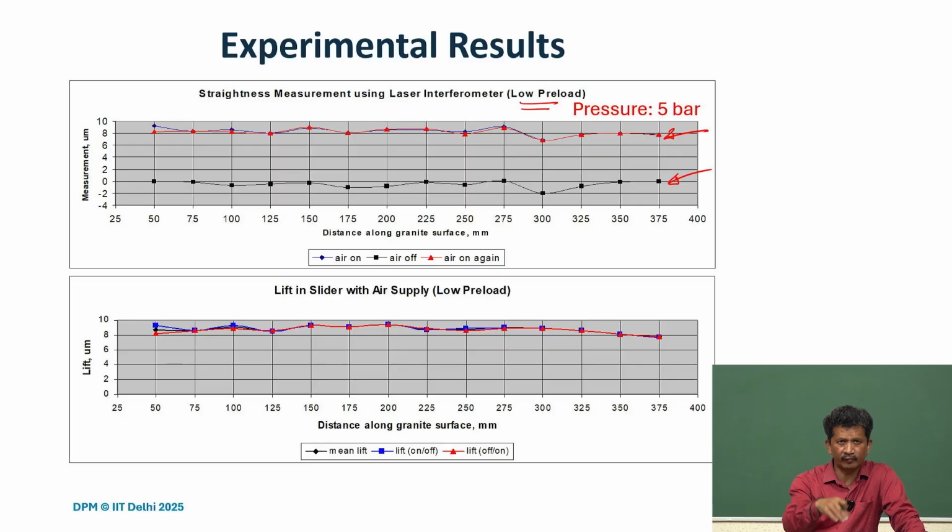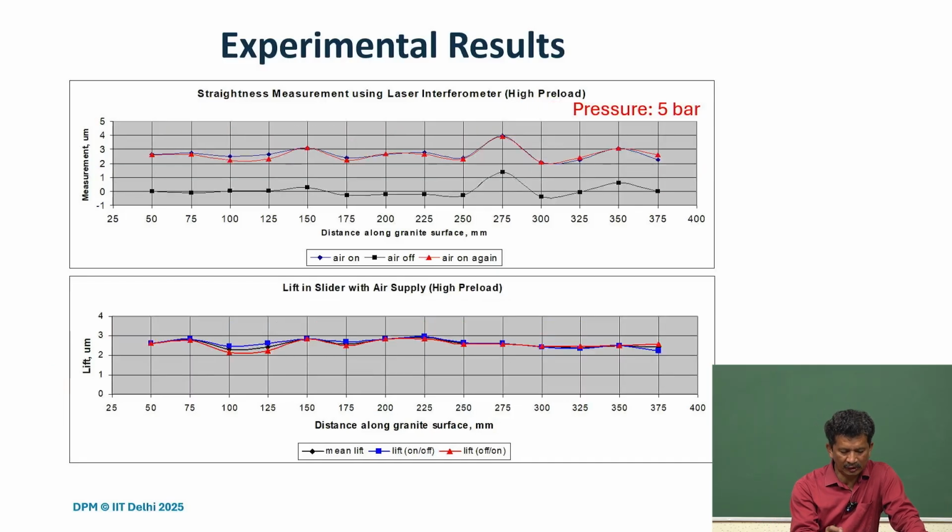Of course, from the first plot itself you can see that it's mimicking the surface, but when you just plot the lift, what you realize is that it is of the order of 8 to 9 micron at low preload. When we increase the preloading, that has reduced to 2 to 3 micron.